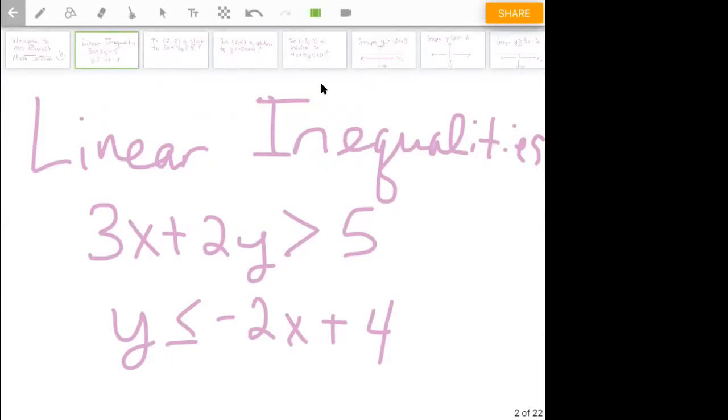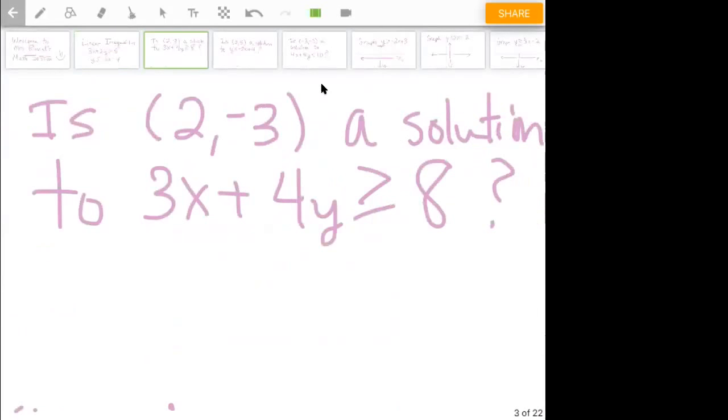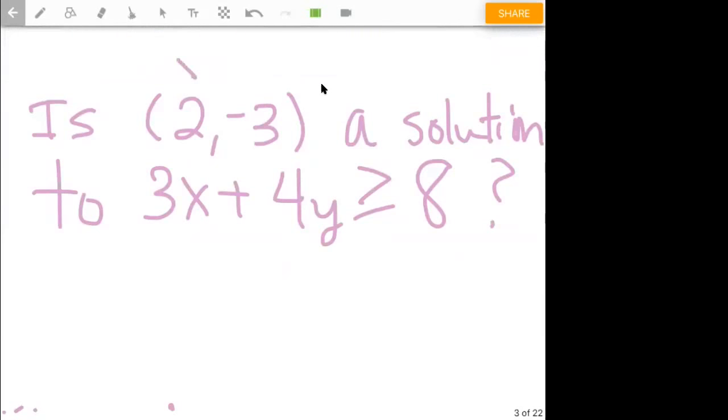So one thing you want to do when you have a linear inequality in the coordinate plane is they're going to give you a point, and they're going to want to know, is this point a solution to this inequality? So in order to do that, we're going to plug in x and y. So in an ordered pair, the first value is always x, and the second value is always y.